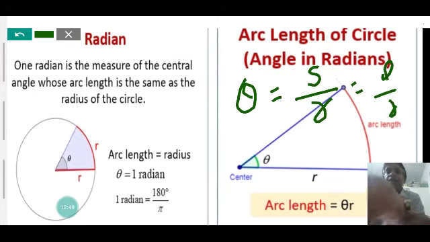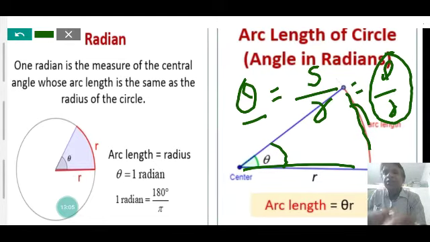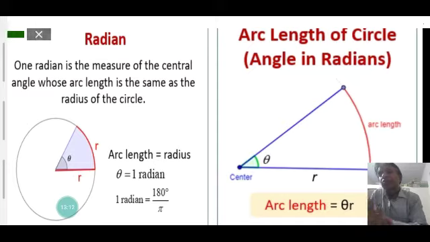L is the length of arc, r is the radius of the circle. When measured in radians, theta equals the length of arc divided by r. It is a very important expression that will be applicable to understand uniform circular motion. Look here.